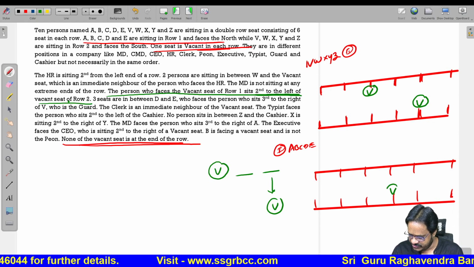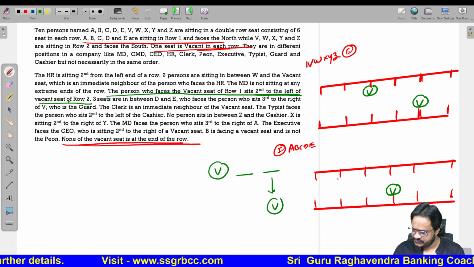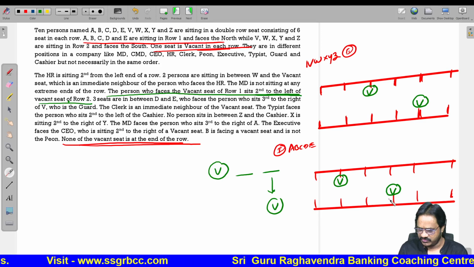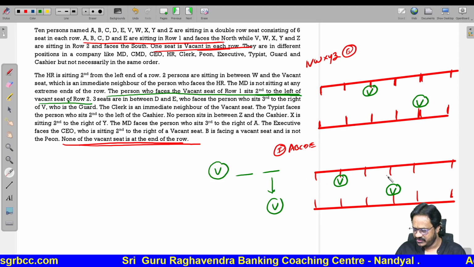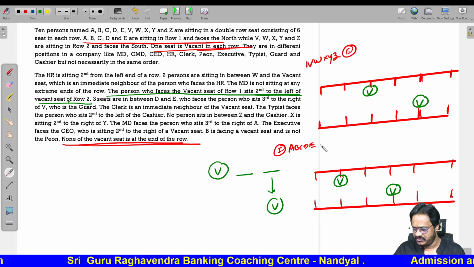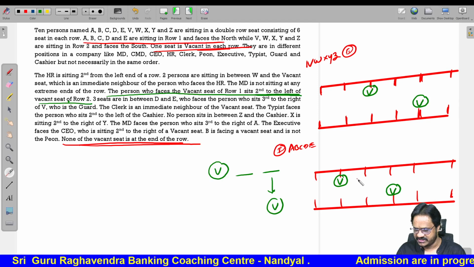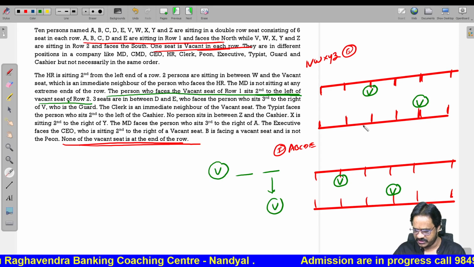This also you can take vacant. These are the only two chances. Why? Because you can't take vacant here, you can't take vacant here, because vacancies will not be at extreme ends. So these are the two possibilities we are getting.